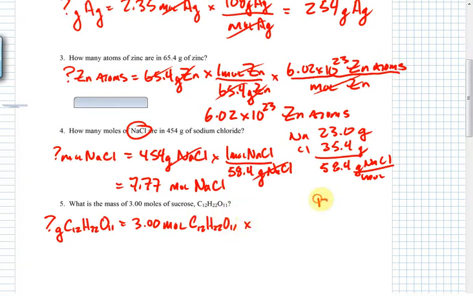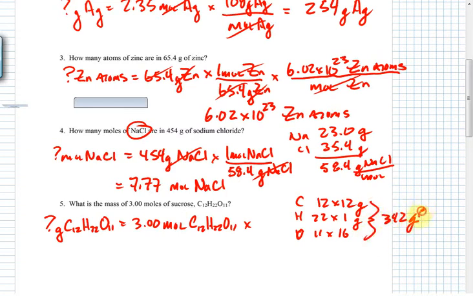So I'm going to take 12 times 12 grams for the carbon. I'm going to take 22 times 1 gram for the hydrogen. And for the oxygen, I'm going to take 11 times 16. When I add that all up, thank goodness for a calculator, I get 342 grams of C12H22O11 per mole.